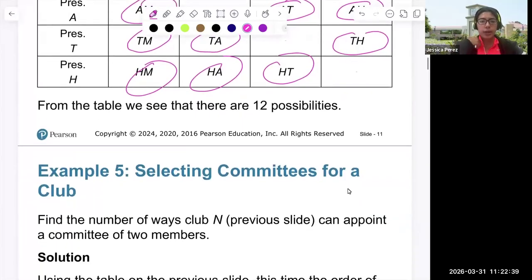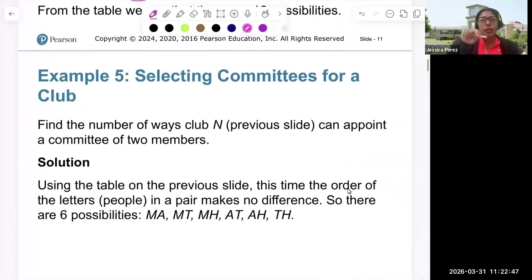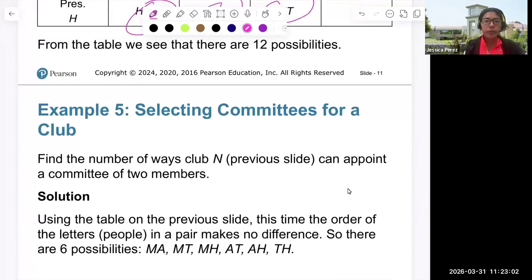Now let's look at this one. Find the number of ways the club on the previous slide can appoint a committee of 2 members. Now, because you're using a committee of 2 members, that means it's only 2 members.